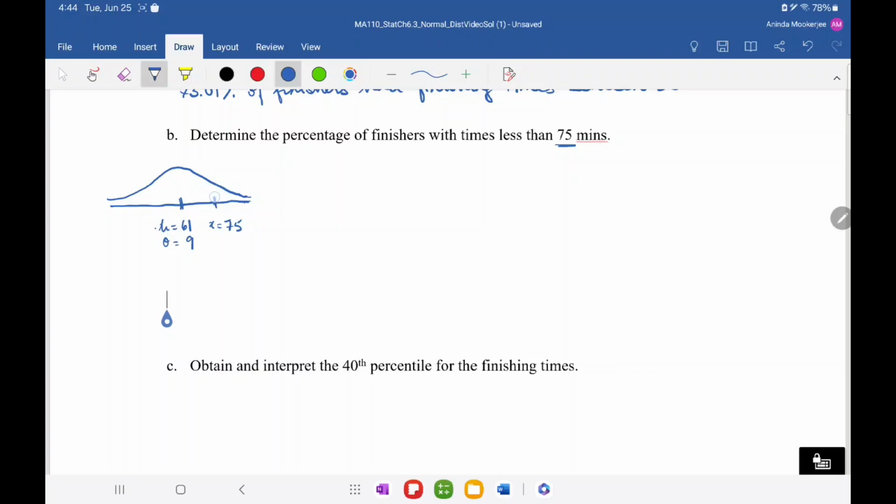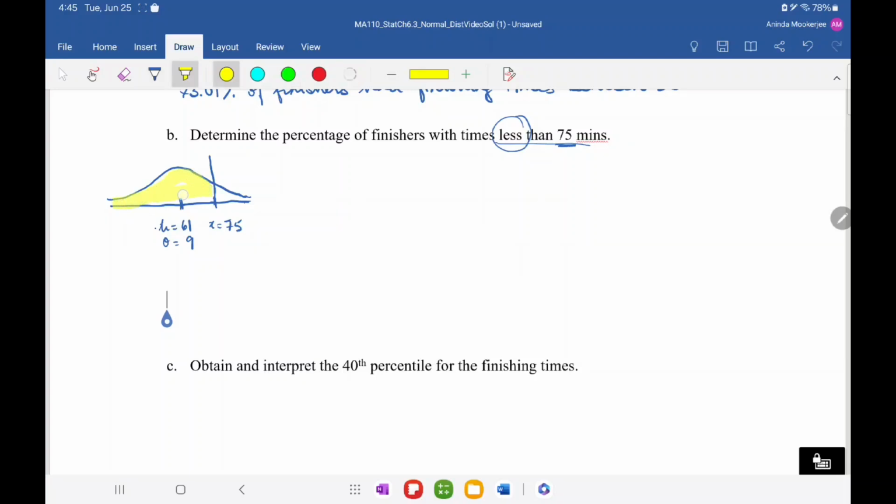So if you raise the vertical line from there, then it separates the curve into two regions. The region that we are interested in says less than, correct? Less than 75. So all this area to the left of 75. Let's shade that area.